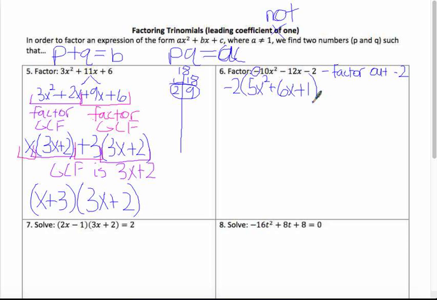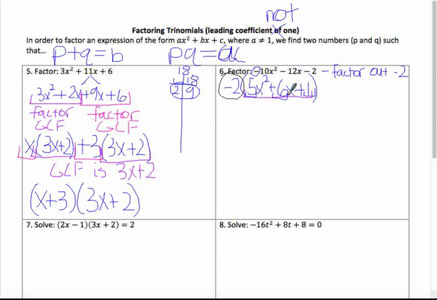And now I only have to factor the remaining part, and my -2 is going to go along for the ride. He's just going to hang out front, and I don't have to worry about him until the very end. So now that I have this inside expression, I need to find numbers that multiply to 5 times 1, which is 5, and add to 6.